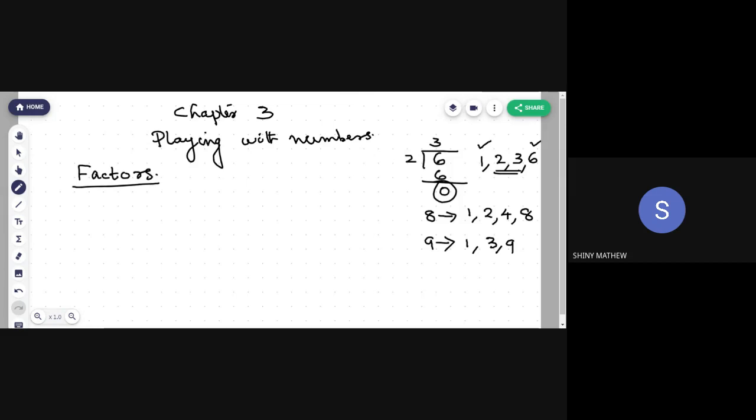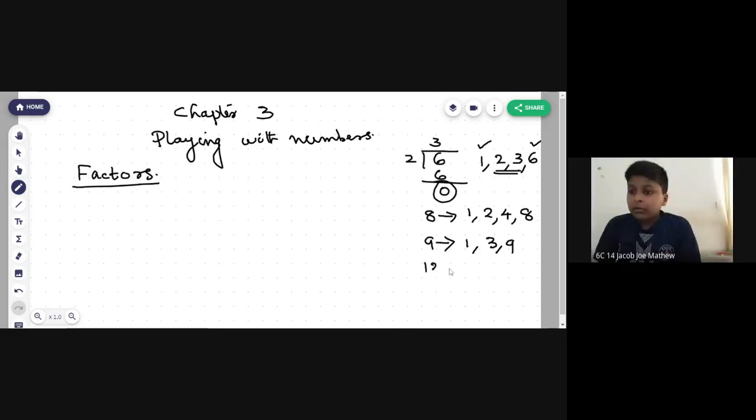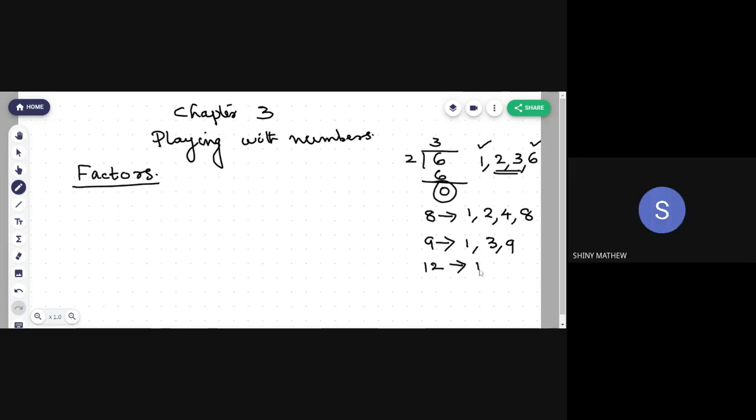Jacob, can you say the factors of 12? Starting from 1, 1 is a factor. Then what about 2? Can we divide 12 by 2?